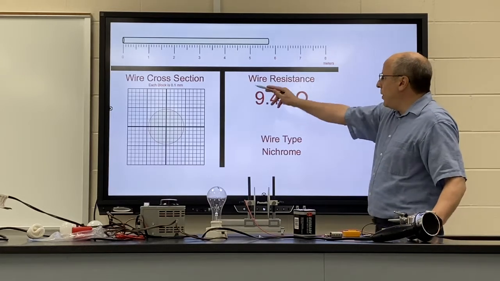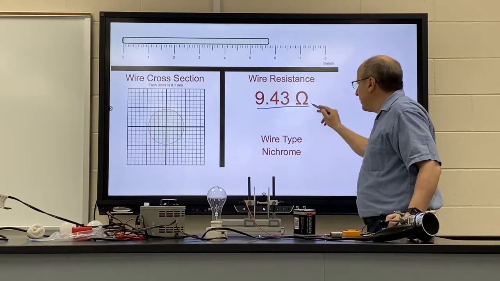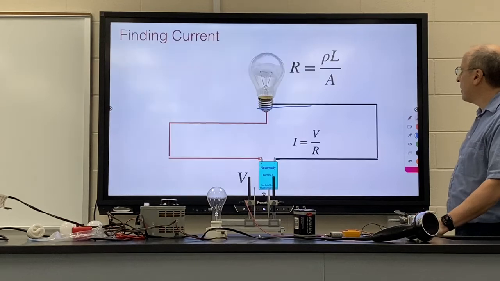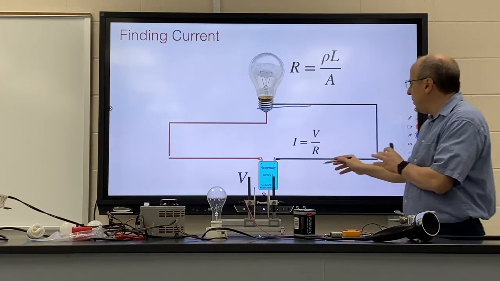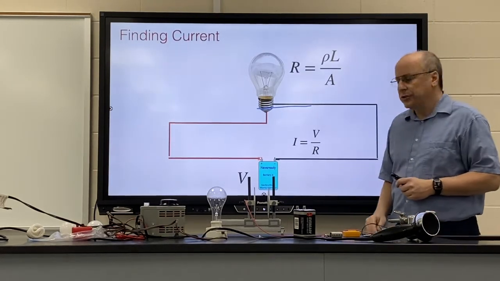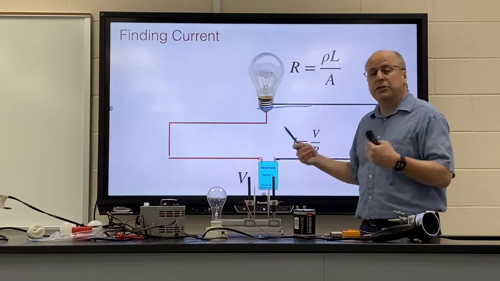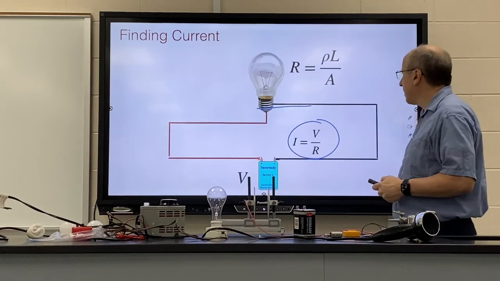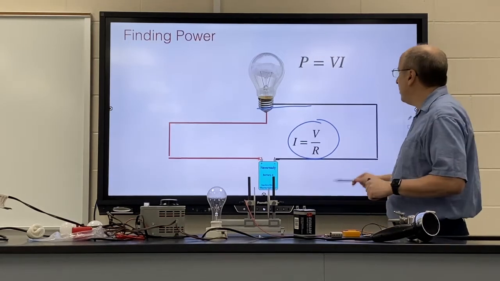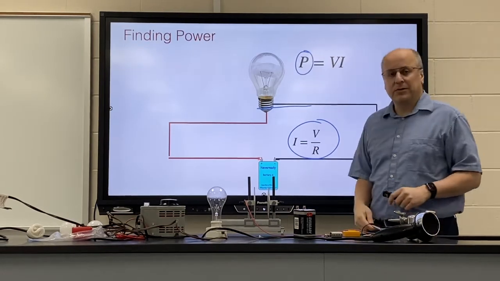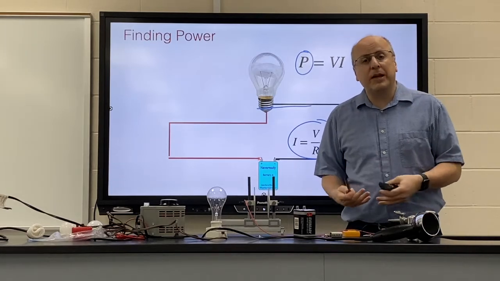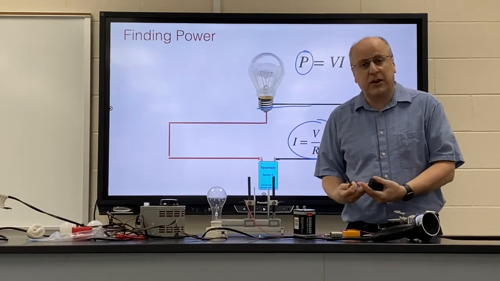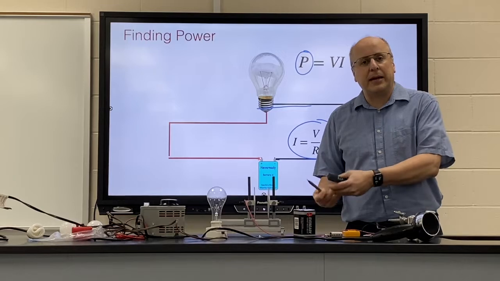Based on the wire's dimensions, we can find the resistance. We then hook it up to a battery with a certain voltage. And from those two things that we control, we can figure out current. Once we've got the current, we can find the power. Once we have the power, we can find out how much energy it's going to use in a given amount of time.